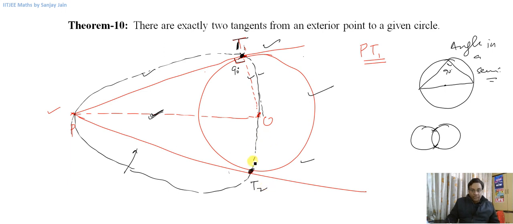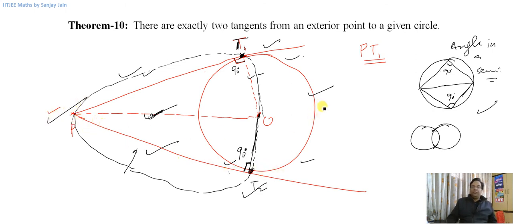If you join O with T2, what can you say about this angle? This is also going to be 90 degrees, because OP is a diameter and this is another angle made in the semicircle. Hence PT2 is another tangent that can be drawn from this point P.